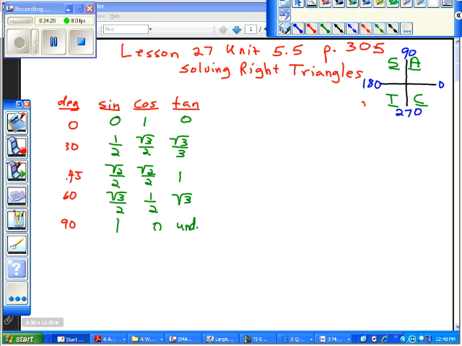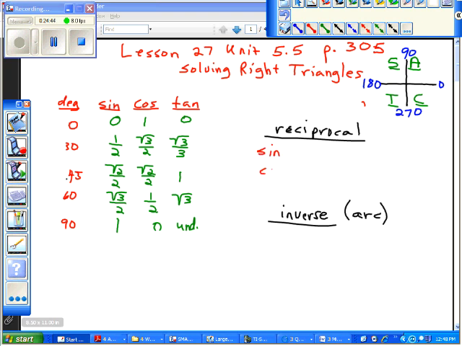What we want to talk about now is reciprocal functions versus inverse, or arc functions. What is the reciprocal of sine, cosine, and tangent?